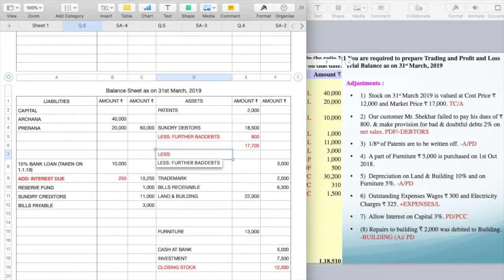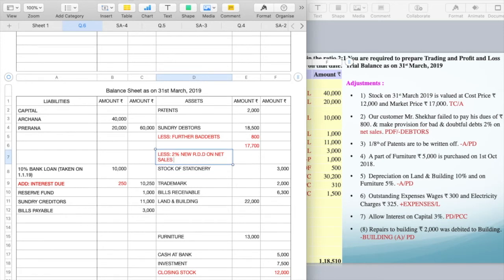Then we have to minus less 2% new RDD on net sales, this time. This time we are not going to calculate on 17,700. Otherwise, usually after deducting further bad debts, whatever amount we get, we calculate the new RDD on it. But this time they have said to calculate on the net sales.